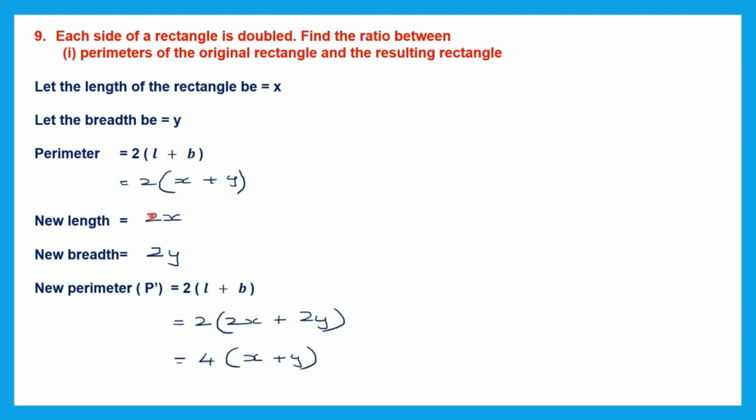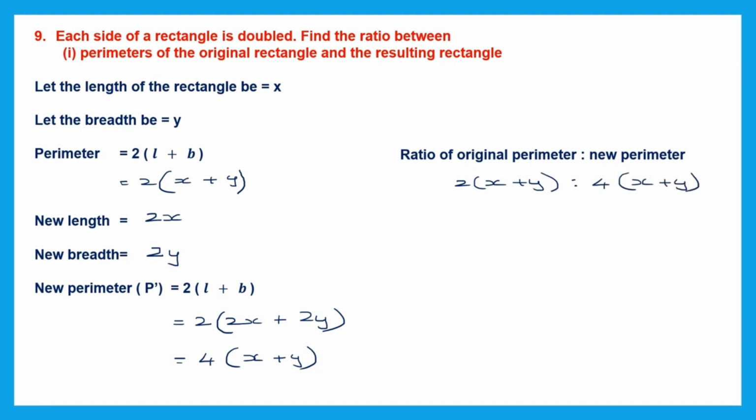So now we have the perimeter of the original rectangle and the perimeter of the resulting rectangle. Let's find the ratio. So to find the ratio of the original perimeter is to new perimeter. Now let's take the original perimeter, that is 2 into x plus y, is to new perimeter 4 into x plus y.